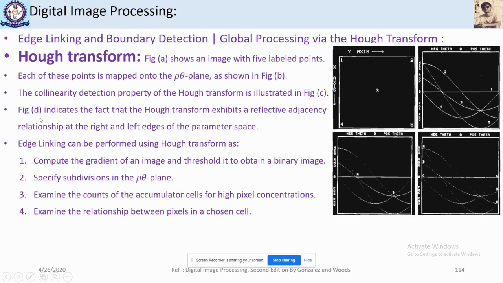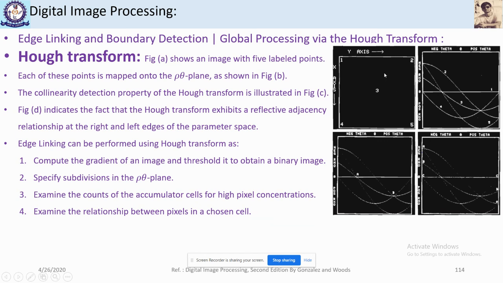Then figure D indicates the fact that the Hough transform exhibits a reflective adjacency relationship at the right and left edges of the parameter plane. That means this point and this point correspond to an adjacency in the xy plane.